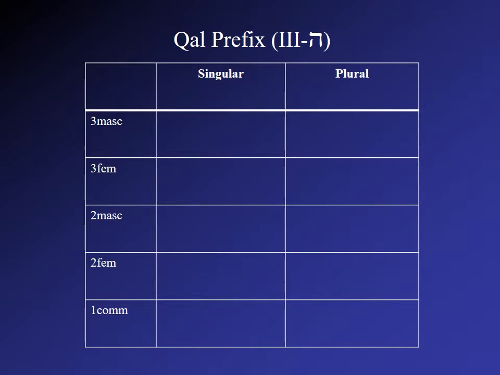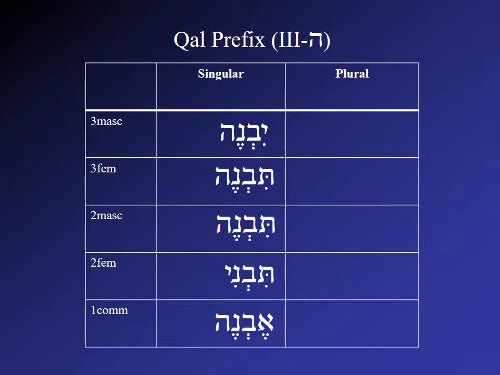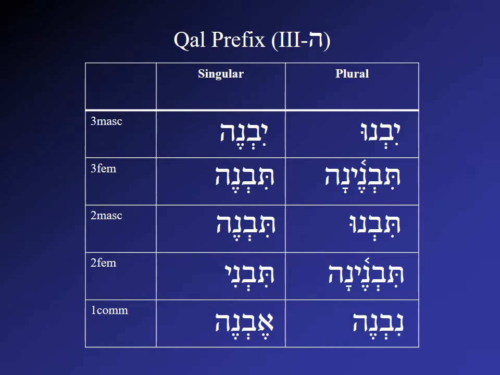Now the Qal prefix we have seen before, so let's fill in yivne, tivne, tivne, tivni, evne. Yivnu, tivnena, tivnu, tivnena, nivnu, nivne. Notice the segol he in these forms. Yivne, tivne, tivne, and evne, as well as nivne.